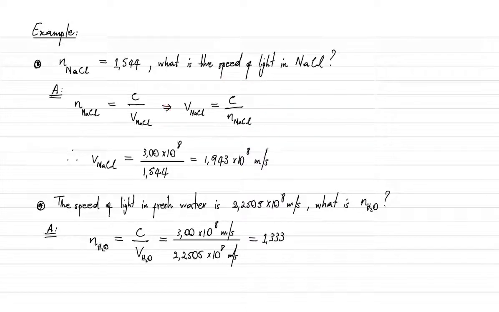We know the speed of light through vacuum, that is the known 3.0 times 10 to the power 8 meters per second. And the index of refraction is 1.544. This therefore means that the speed at which light travels through a sodium chloride crystal is given by 1.944 times 10 to the power 8 meters per second.